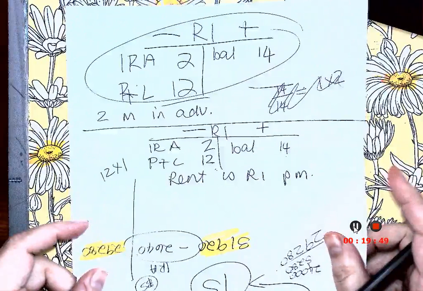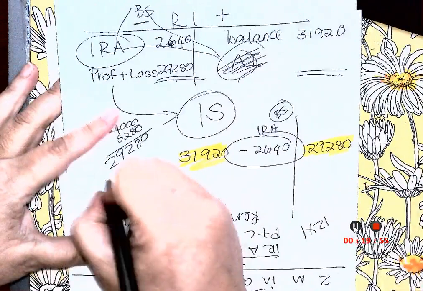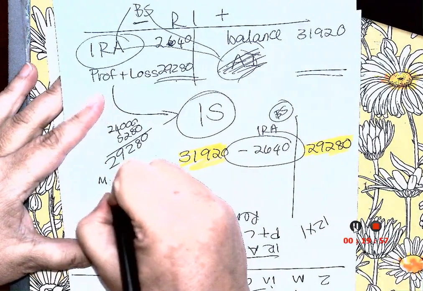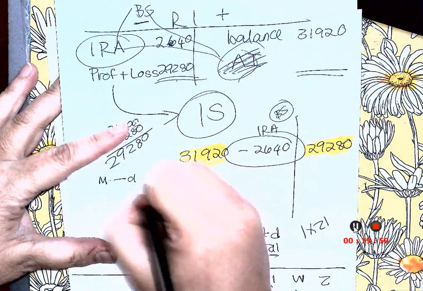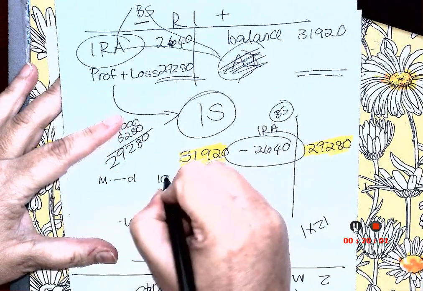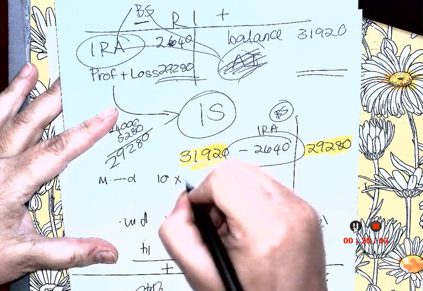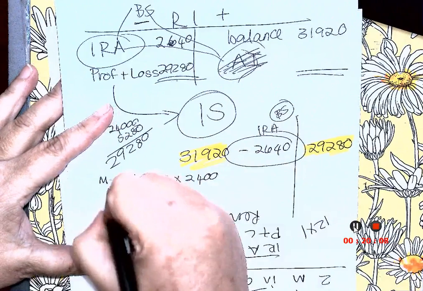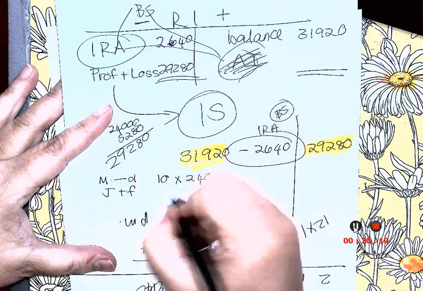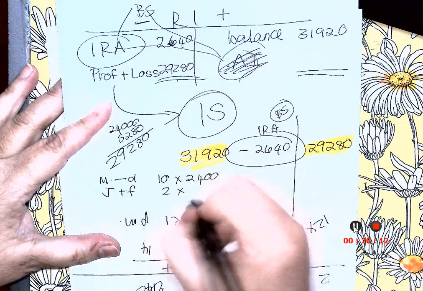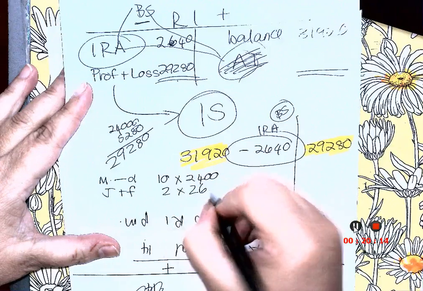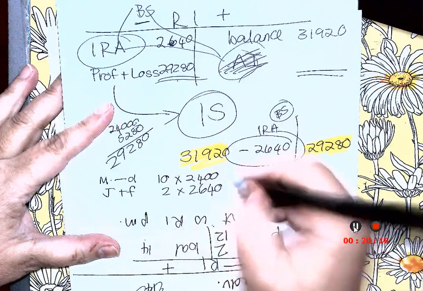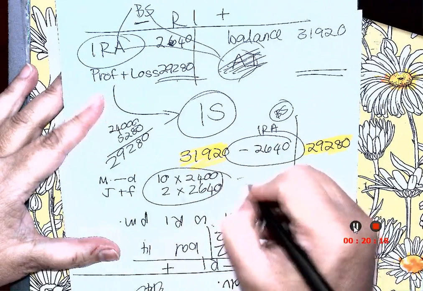What did they do here? Let's go again. They tell you from March to December, for 10 months, this guy paid me 2,400. For January and February, he paid me 2,640. If I add that, I get 29,280.